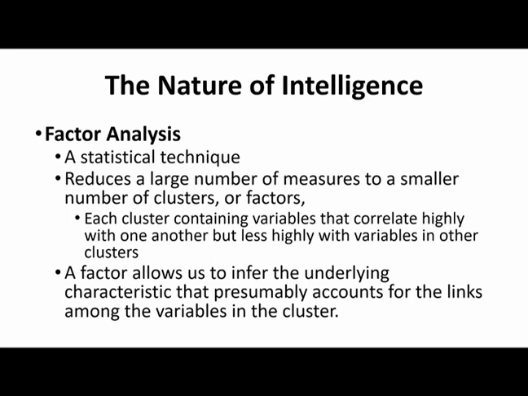And that leads us to a statistical technique called factor analysis. Factor analysis can be used to reduce a large number of measures into a small number of clusters. Each of these clusters would be called a factor. So instead of looking at 10 scores that all correlate together, you could represent that highly correlated cluster with a single factor that we can assume might be related to one type of mental ability.